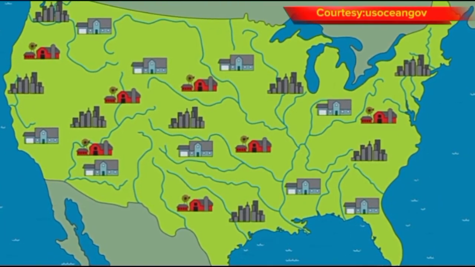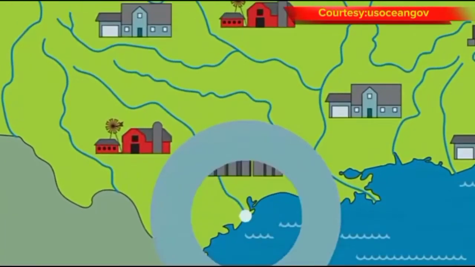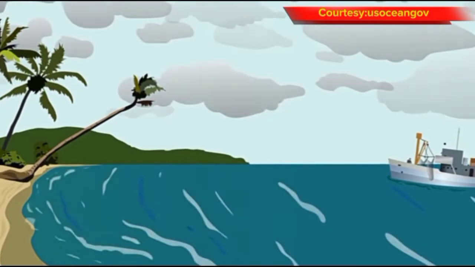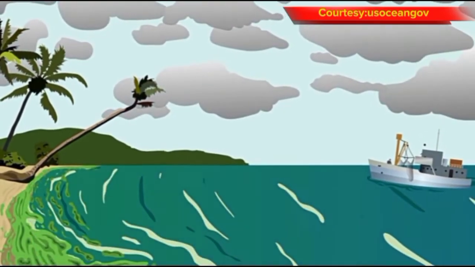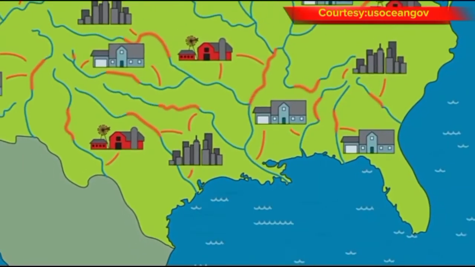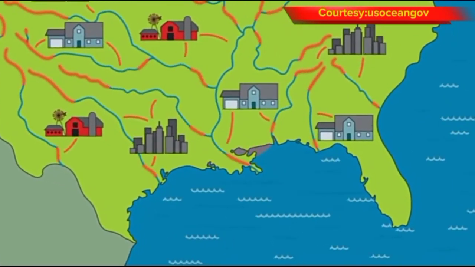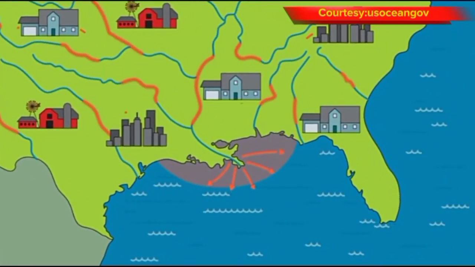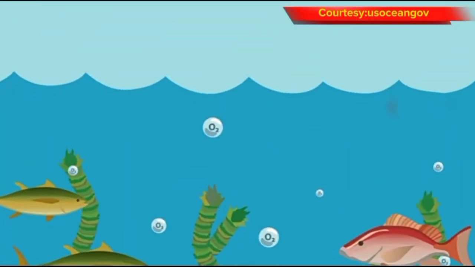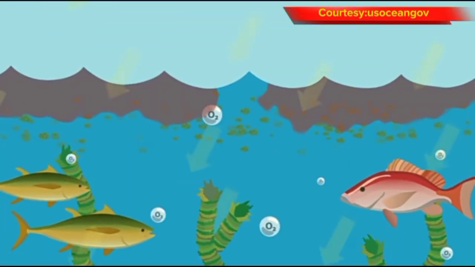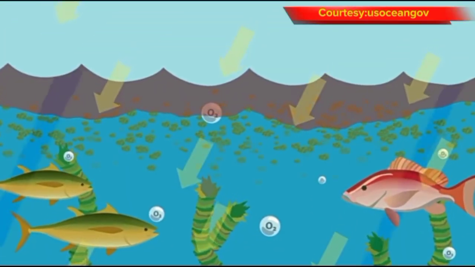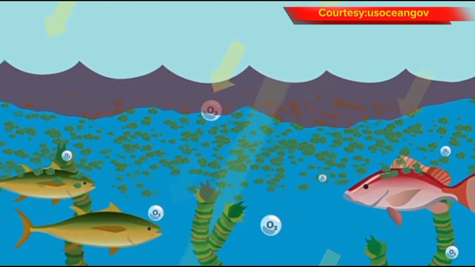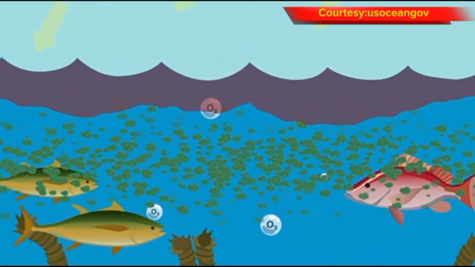Most fertilizers used in agriculture and on lawns and gardens contain both nitrogen and phosphorus, which may be carried to aquatic ecosystems in surface runoff. Fertilizer carried in runoff may cause excessive growth of algae or other microbes that were previously limited by nitrogen or phosphorus. This phenomenon is called eutrophication.